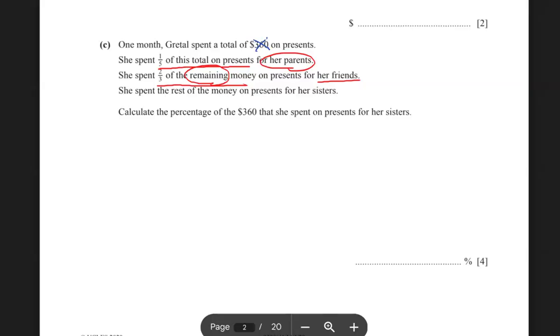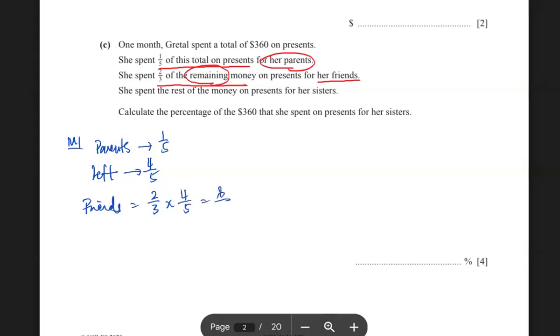I'll show you 2 methods to do this, one using the 360, one without. Method 1, without. She spent 1/5 on her parents, so she would have 4/5 left. And she spent 2/3 of the remaining money for her friends.